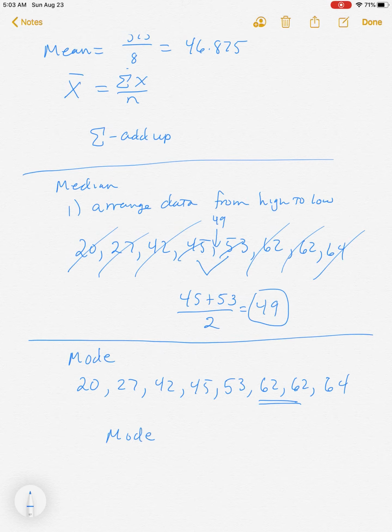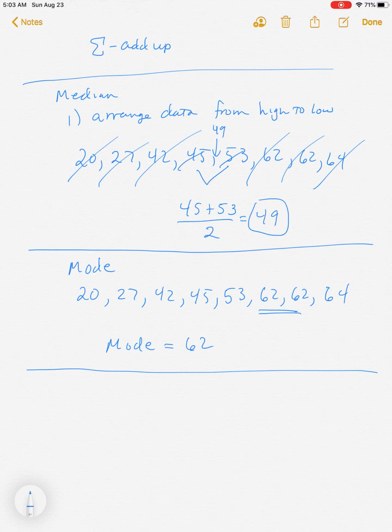So the mode is flat out equal to 62. There's no other choice. So that's it. That's all there is to getting the mode. It is a quick little identification piece, and it's used in order to tell whether something's normally distributed or not. But the mode is 62 in this problem.